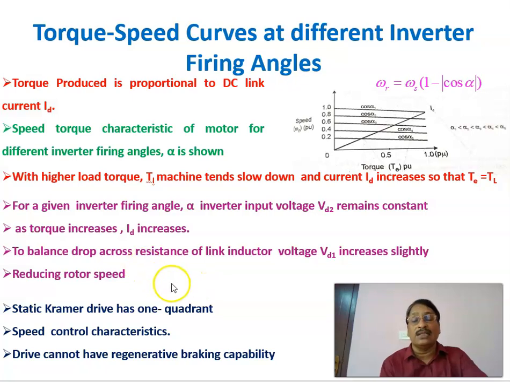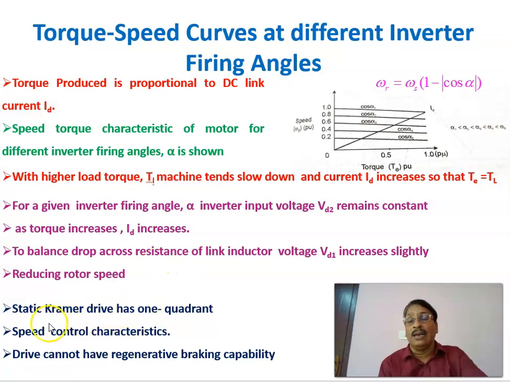Voltage VD1 increases slightly, meaning the rotor speed is reduced slightly. Therefore, as torque increases for a given firing angle, the speed is slightly getting down. Instead of a constant speed, it is slightly getting down. That is because of this problem.